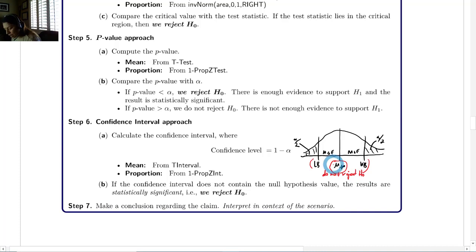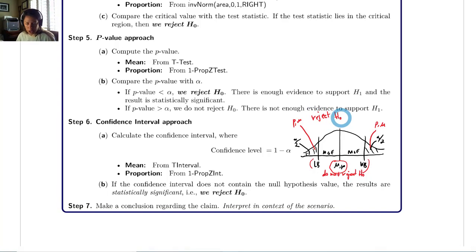But let's say we had parameters of a mean and a proportion, and let's say p or mu lies outside the confidence interval given a certain confidence level. If it lies outside this interval, then you reject the null. So essentially, if it lives in the tails, you should reject it because the whole point of the confidence interval is being confident that the population parameter lies in there, right?